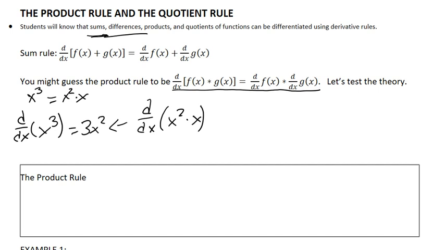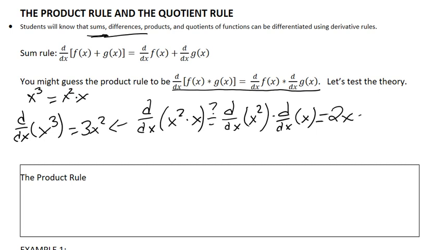We're not sure, so we're testing it. The derivative of x squared times the derivative of x. Well, the derivative of x squared, of course, is 2x, times the derivative of x, which is 1, which is 2x. So they do not match.